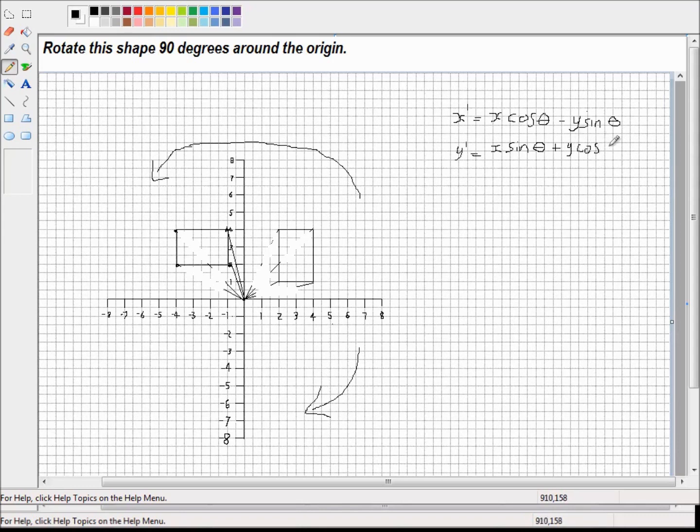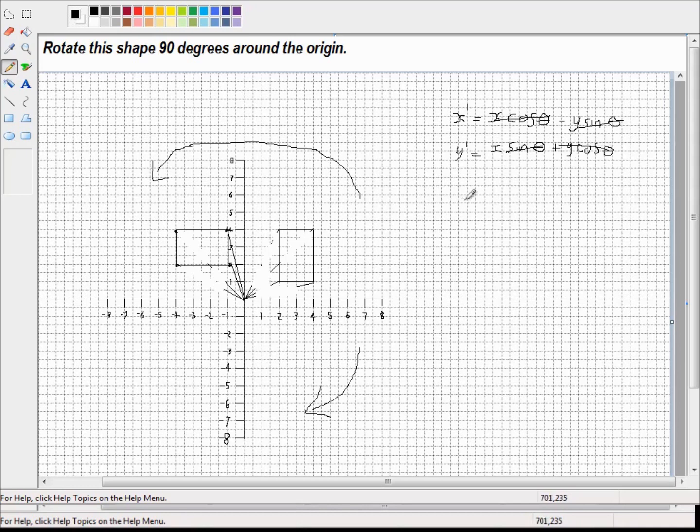Now that's quite a lot to take in, but for me it was easy because the cosine of 90 degrees is 0, so this disappears, and the sine of 90 degrees is 1, so this becomes 1, and the sine again is 1, and the cosine is 0, so we lose the whole of that.